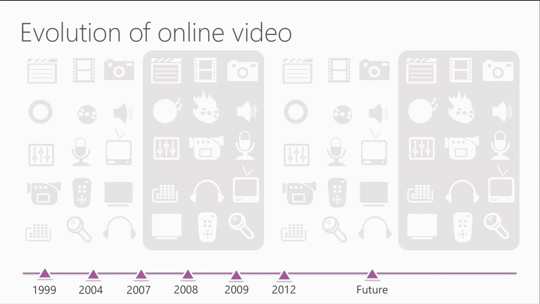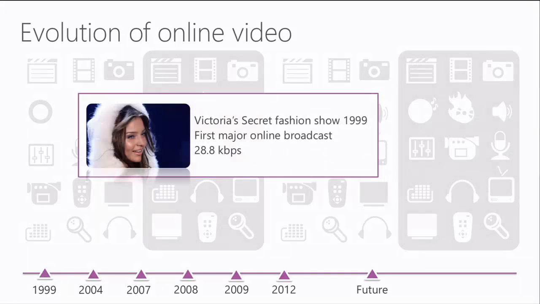All right. Talking about how online video progressed, it actually falls into a very short timeline that's shorter than you realize. The very first major online broadcast happened slightly over a decade ago, and that's the Victoria's Secret Fashion Show. The quality of the video is nowhere near what I'm showing here.